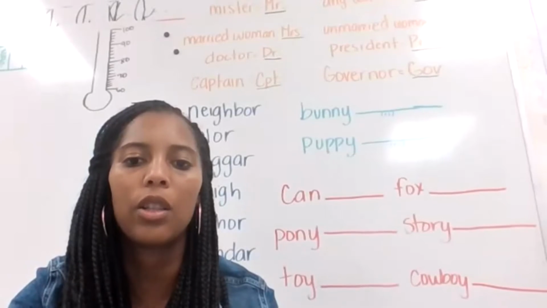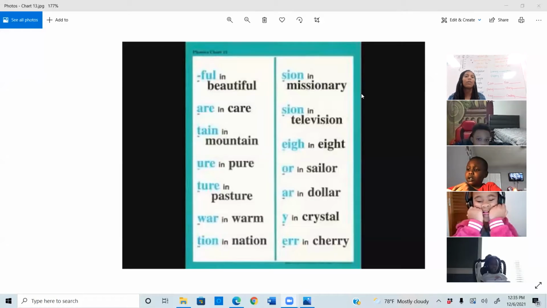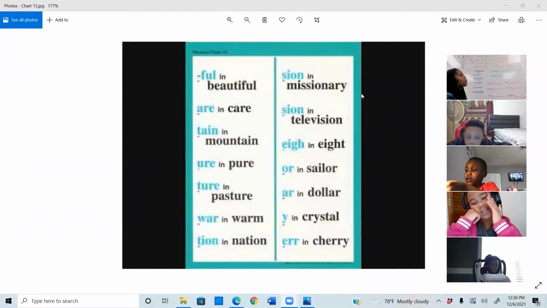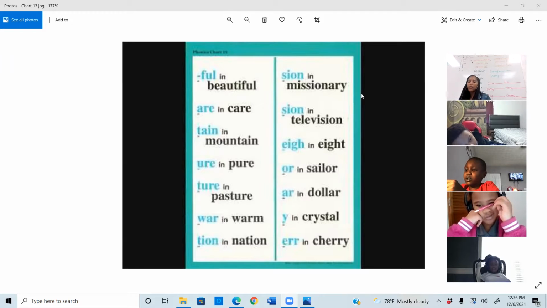S-I-O-N says shun in nation, shun in missionary, shun in television. E-I-G-H says A. O-R says in sailor.